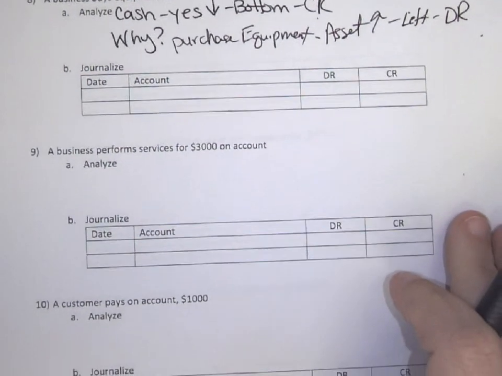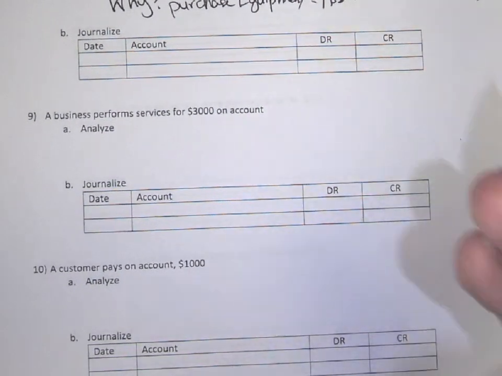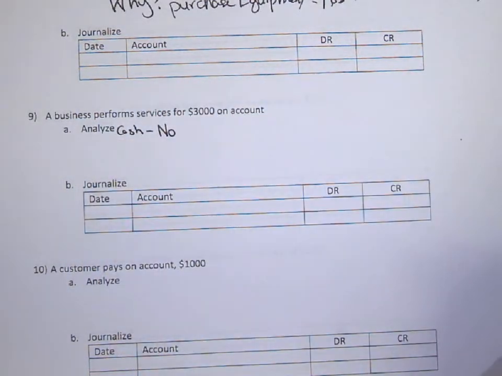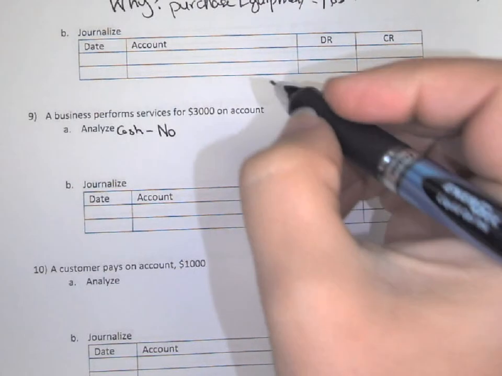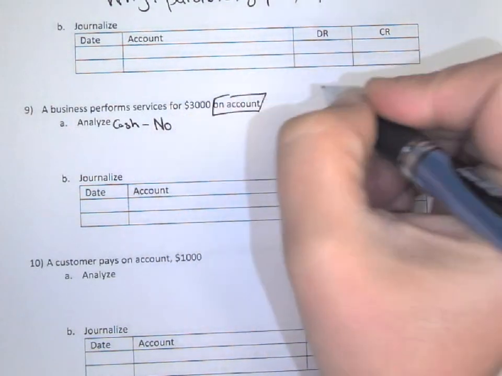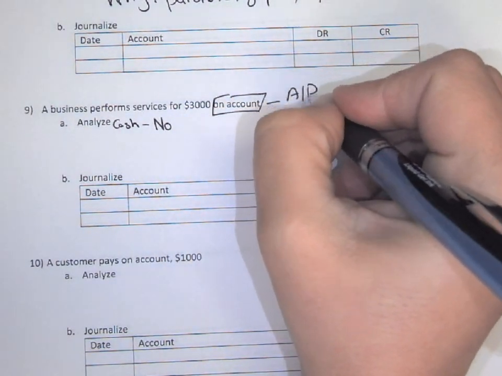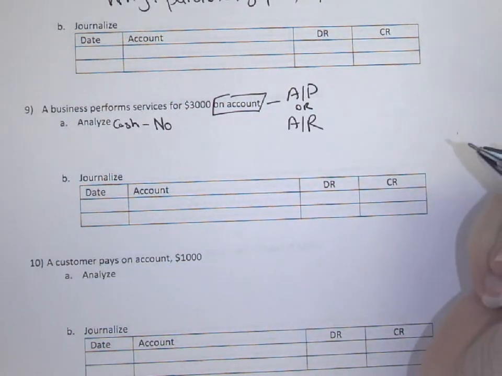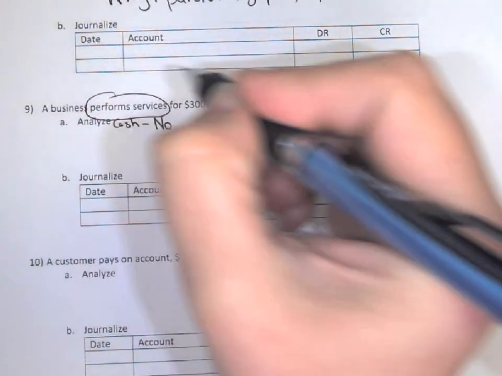The next one, a business performs services on account. So is cash involved here? No, it's not, which means we have to analyze the full transaction. So keywords that we see are on account, which means it can mean either accounts payable or accounts receivable. In this case, we have performed a service.